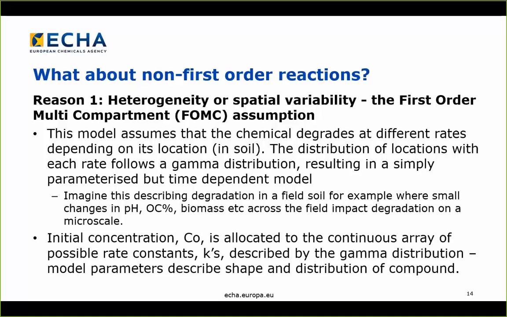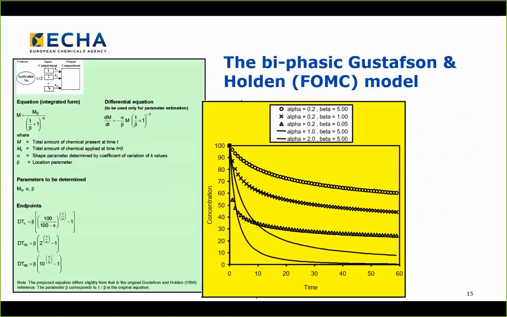So your initial concentration or your initial mass is allocated to this continuous array of possible first order rate constants, those K values. That's described by this gamma distribution, and the FOMC model parameters describe both the shape of that distribution and the distribution or location of your substance. That's the physical basis for the FOMC model.